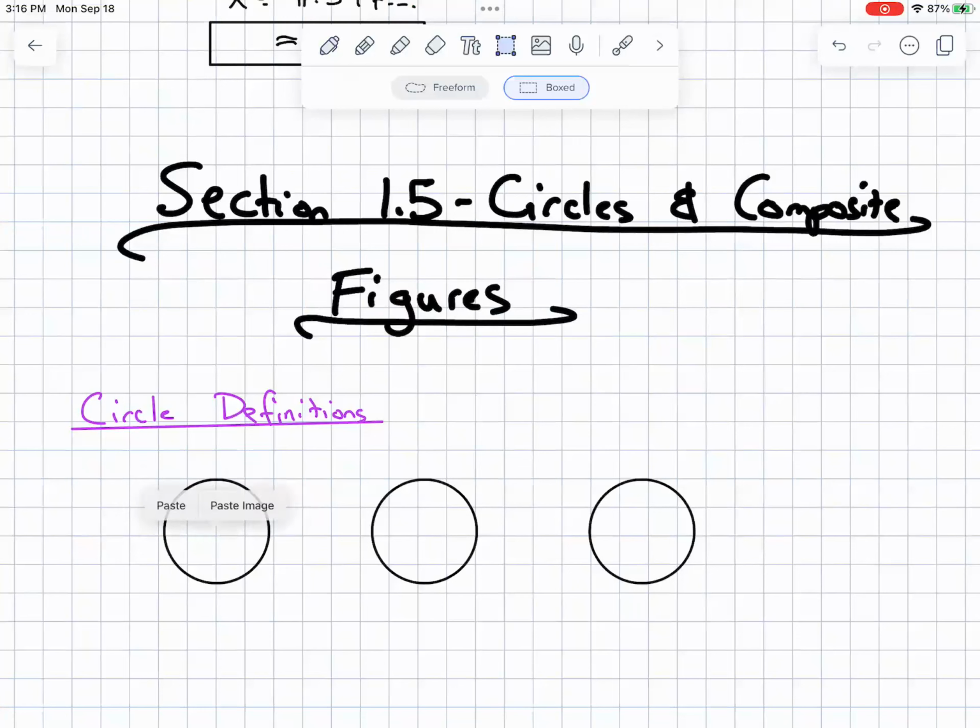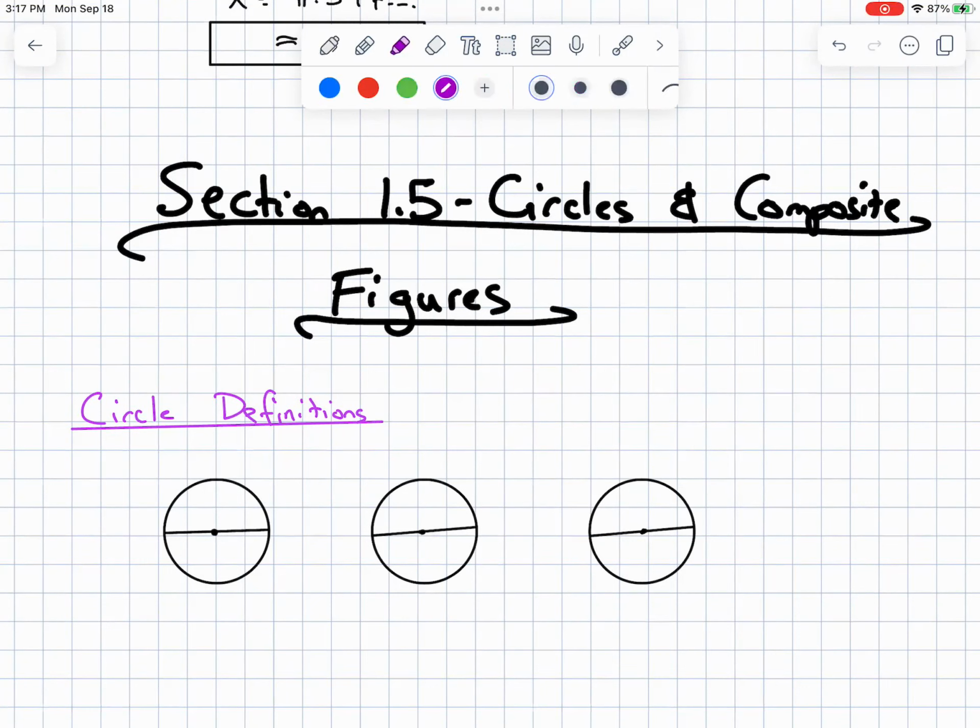So just draw the center in all of them. And for all of them, I want you to draw a line through the center from one side to the other. And I'm going to do different types of highlighting for them.